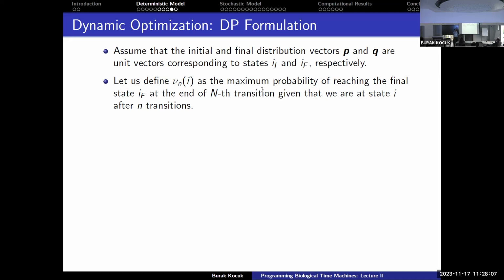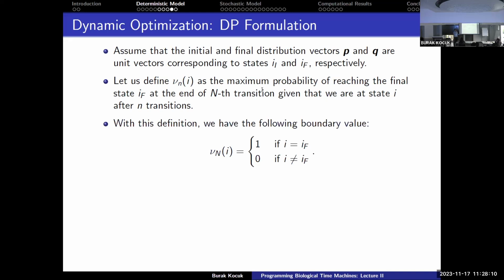Let me give you some obvious values. If you have already taken capital N steps, then I know the value of this function for sure. Either I'm lucky and I'm at the wild type, then the probability is 1. You're already there. Or you are not at the wild type, and then the probability of reaching wild type after N steps is 0, because you're already in a different state.